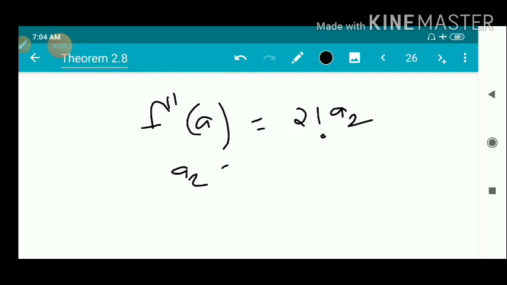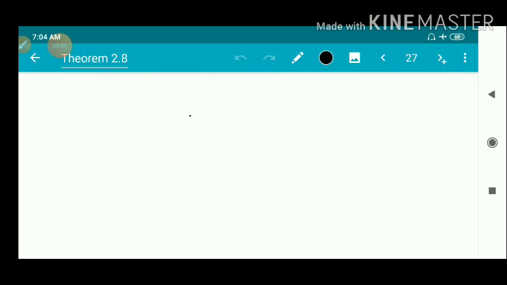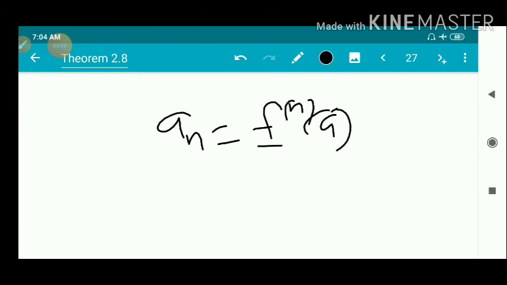Therefore a2 equal to f double dash of a divided by 2 factorial, etc. In general we get a n equal to f n of a divided by n factorial. So the power series of f of z exists and its radius of convergence is at least capital R. Also a n is equal to f n of a divided by n factorial. That is the proof of the theorem. Thank you.